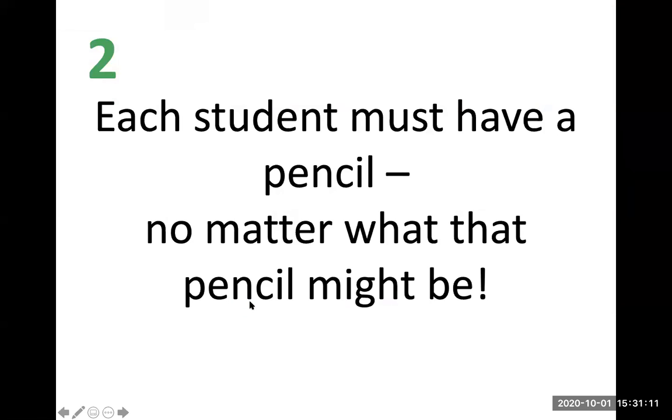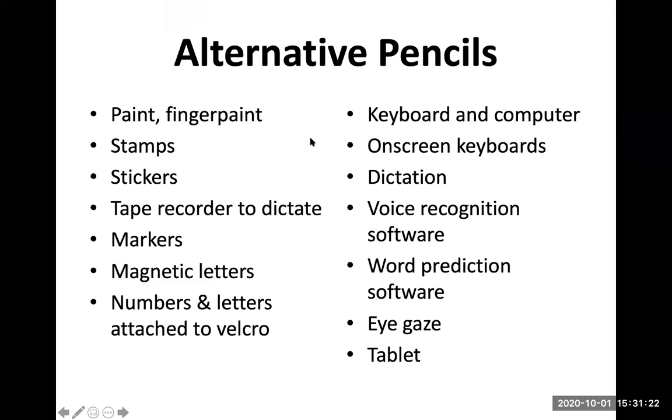The second thing we need to talk about is the fact that every child needs to have a pencil. And we're going to talk about what that pencil is. There's this concept of an alternative pencil. That's anything other than a pencil that we might use to write. And for some of our kids, even if they're older and they're developing writing skills, we really want to think about alternative pencils as being a way for them to be able to express their thoughts without the fatigue of the fine motor skill of handwriting.